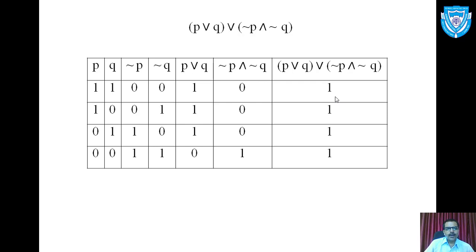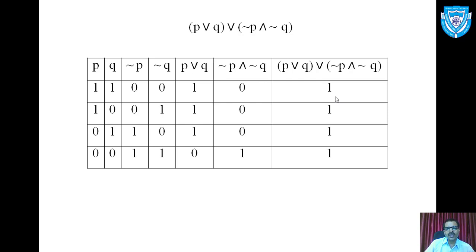Next column, from the truth values of P, Q, you can obtain the truth value of the compound statement P or Q. Again from the truth values of negation of P, negation of Q, one can easily obtain the truth values of the conjunction negation of P and negation of Q. Now from the fifth and sixth columns, one can generate the seventh one.